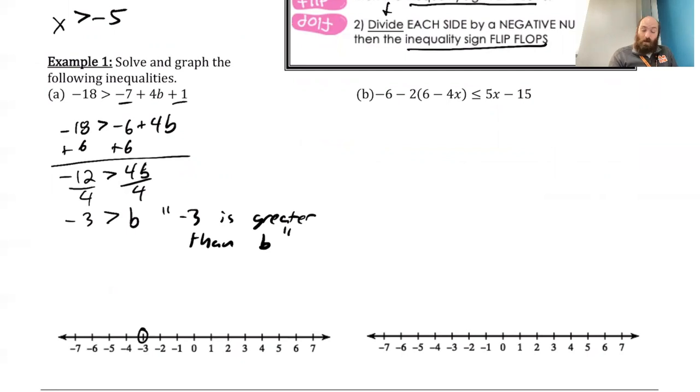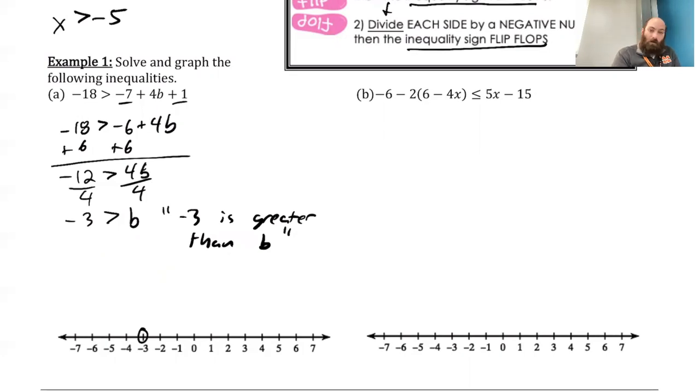I know that's my border number there. But when I do my shading, it makes me feel like I want to go to the right because of the way it's pointed. But if I flip that and read it right to left, b is less than negative 3. So I can actually flip that around. These statements are the same. B is less than negative 3.